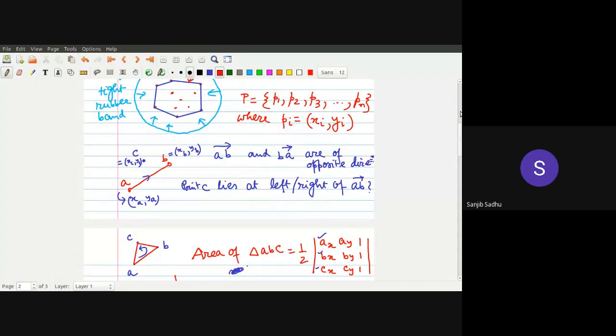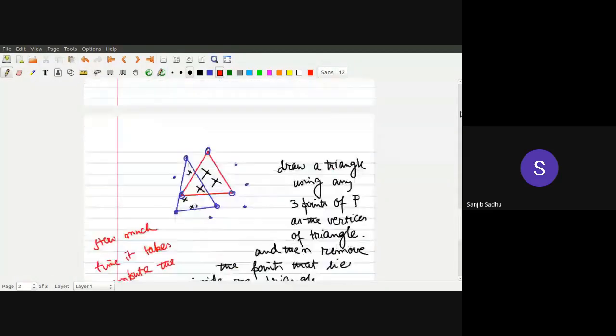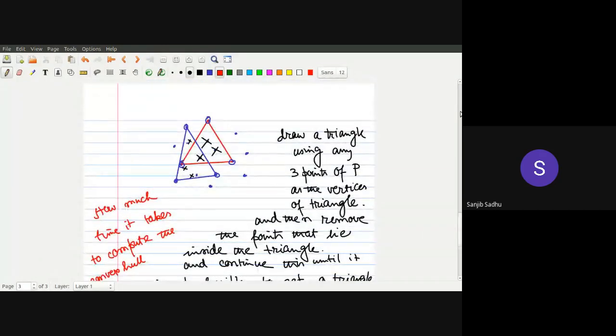So three comparisons are required to detect whether the point lies inside the triangle or outside the triangle. So now, once you compute a triangle, how much time does it take to check whether there are any points inside it or not?